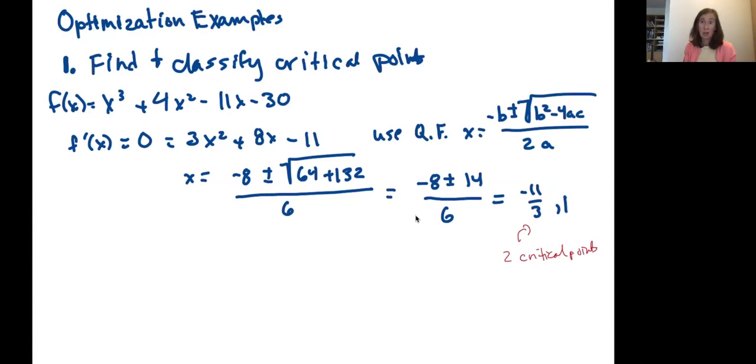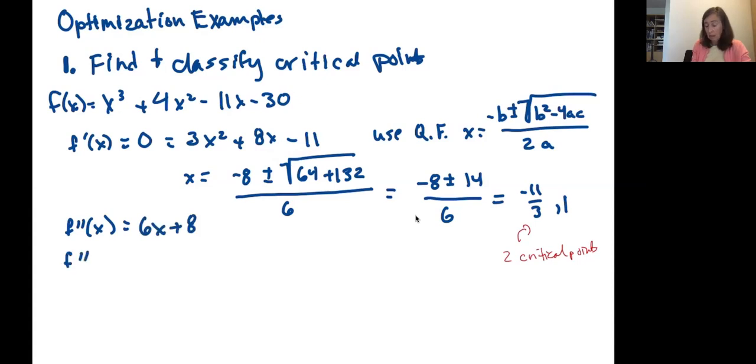And then to classify them, it looks like a pretty easy second derivative to take, and I think that's what I'm going to do. So I'm looking at the first derivative and taking its derivative to get 6x plus 8.